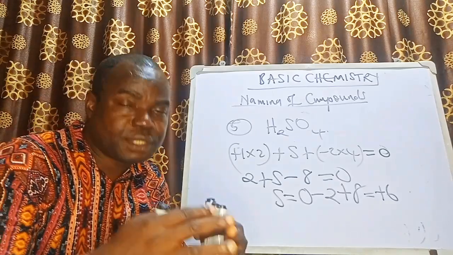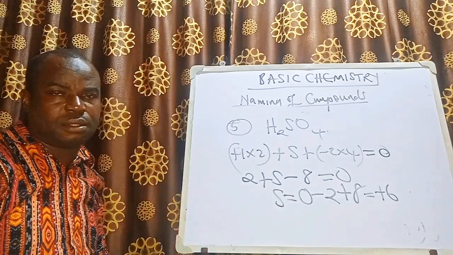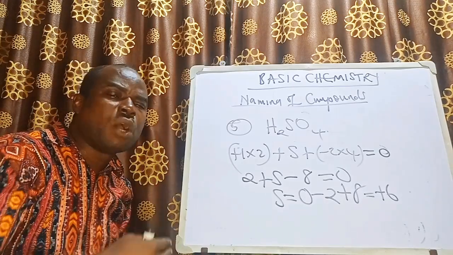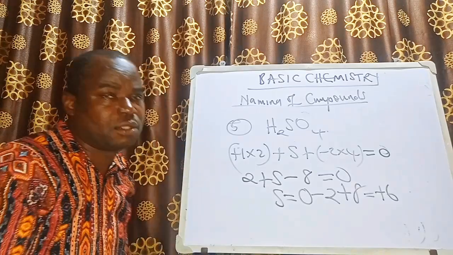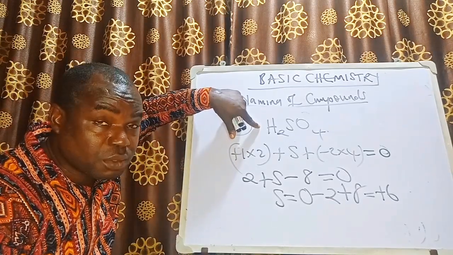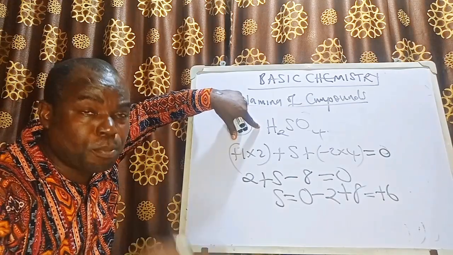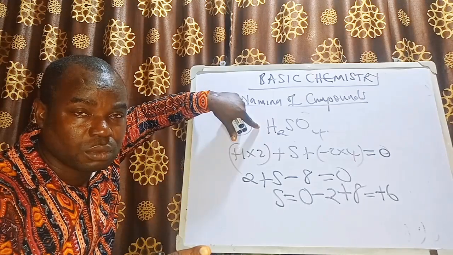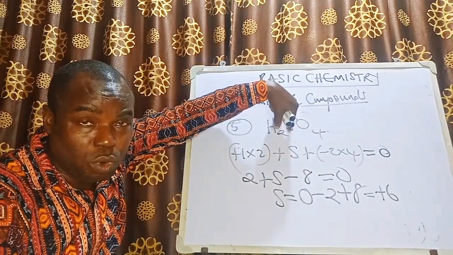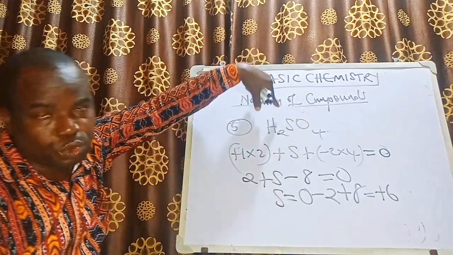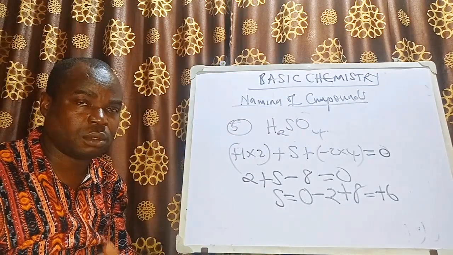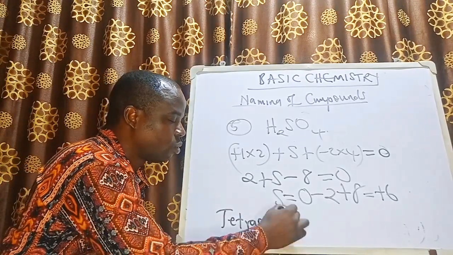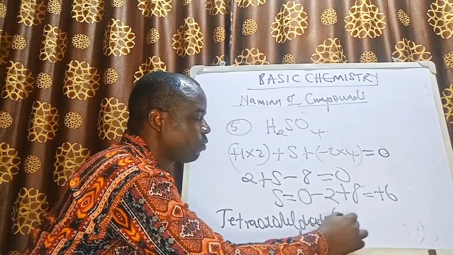Now I have 6 as my answer, but how do I now pronounce it? Now, look at what you're going to do. I've already told you that once it starts with H, the compound is an acid. So what you do now is don't call that H. Once H starts the compound, don't call the H. That is the only element you don't call by name when it starts the compound. So you rather just call the second one tetraoxosulfate. Don't call hydrogen. You just write tetraoxosulfate 6.